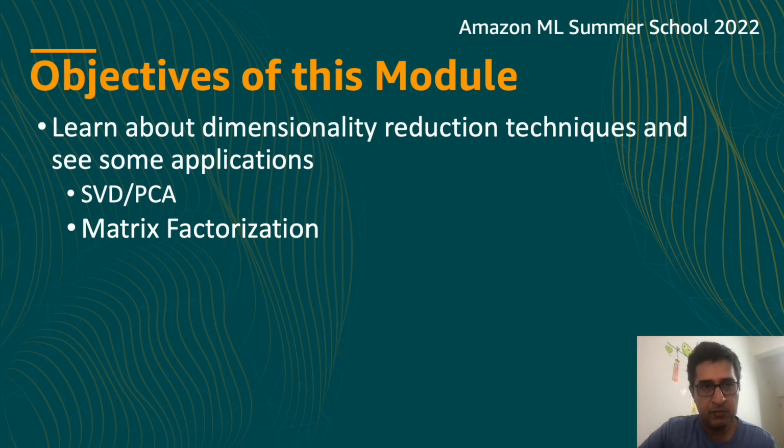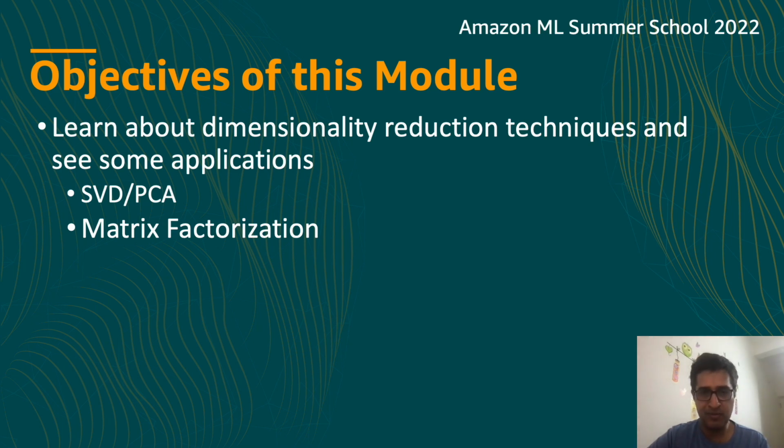Okay, getting ahead with the objectives of this module. We are going to learn a little bit more about dimensionality reduction techniques. In particular, we are going to talk about singular value decomposition, or SVD, principal component analysis, or PCA, and in addition, matrix factorization.